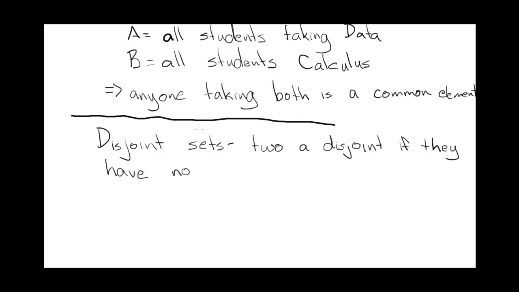Two sets are disjoint if they have no common elements.